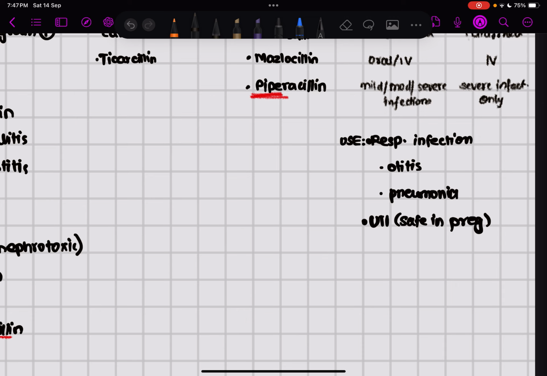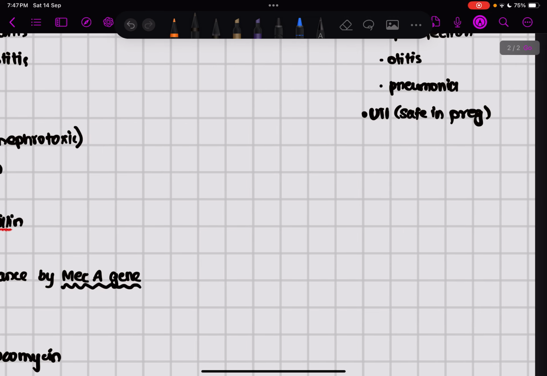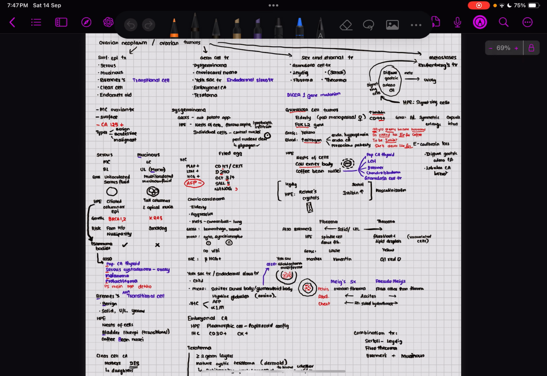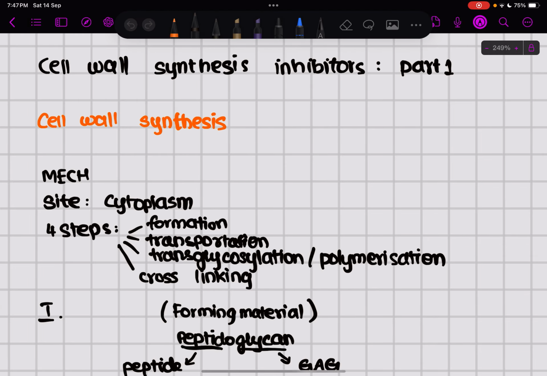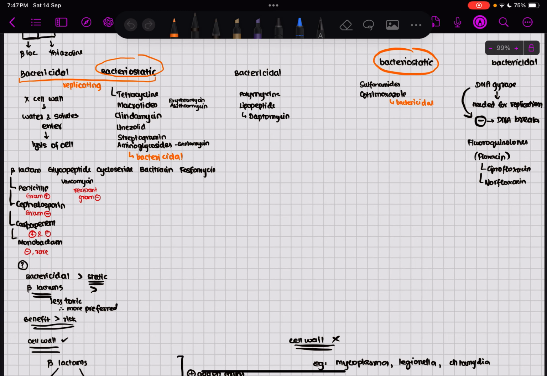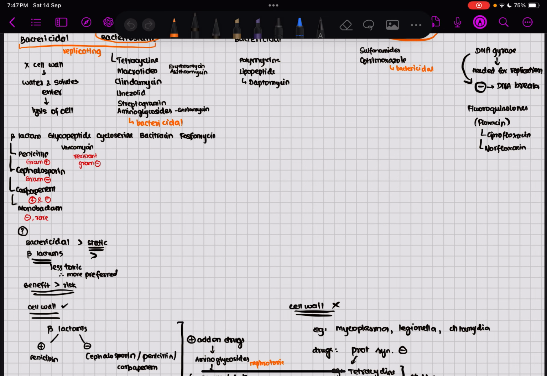And other uses are IV ampicillin plus gentamicin. As we had previously seen, ampicillin is under beta lactams, under penicillin.